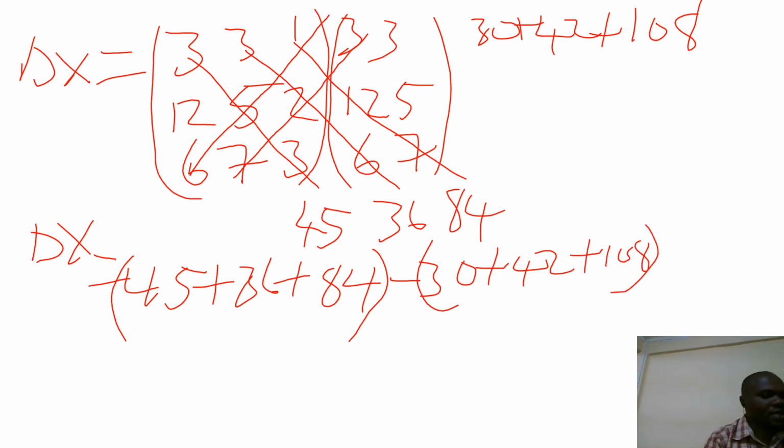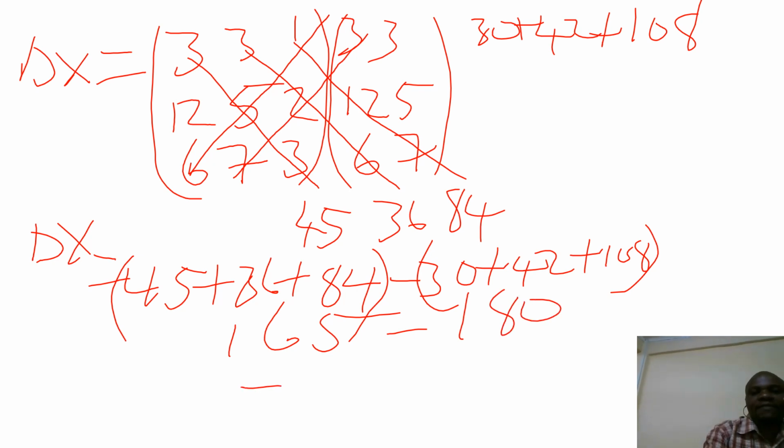When I add these, I get 165 here, then minus 180 there. So this gives me negative 15.